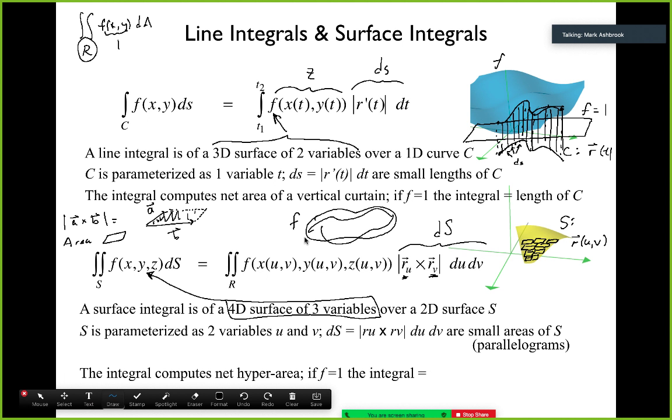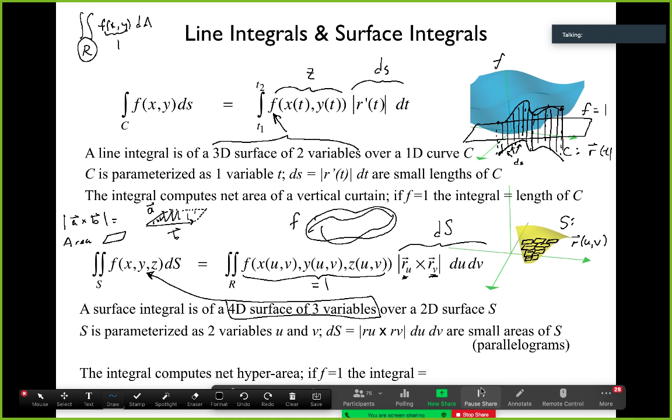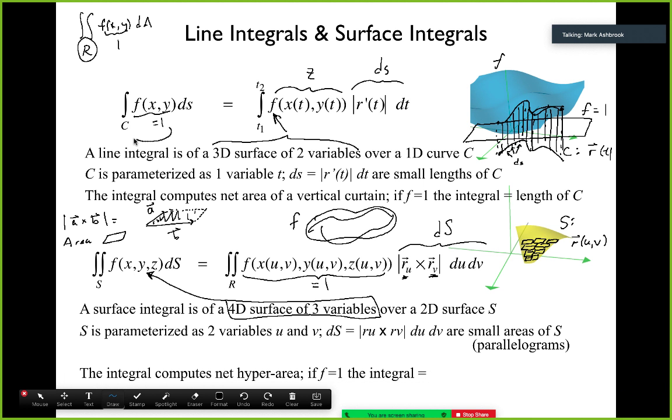But if this four-dimensional f function equals 1, then what will the integral give us? So if we let this function equal 1 and just do the surface integral of d capital S, what will that give us? Same thing again. If this function was 1, we got the length of the curve.